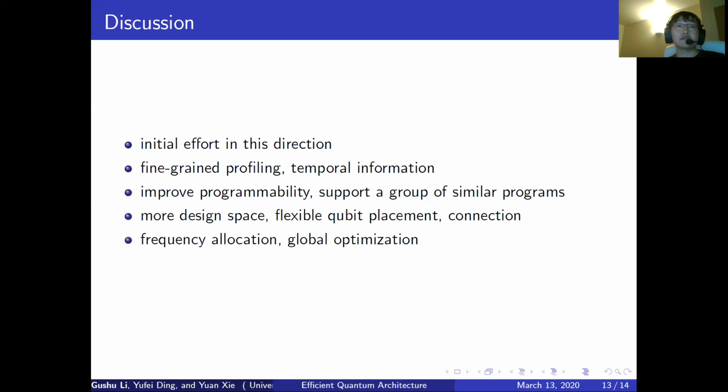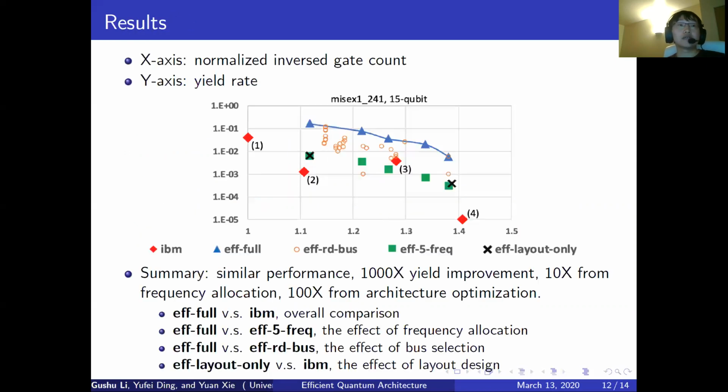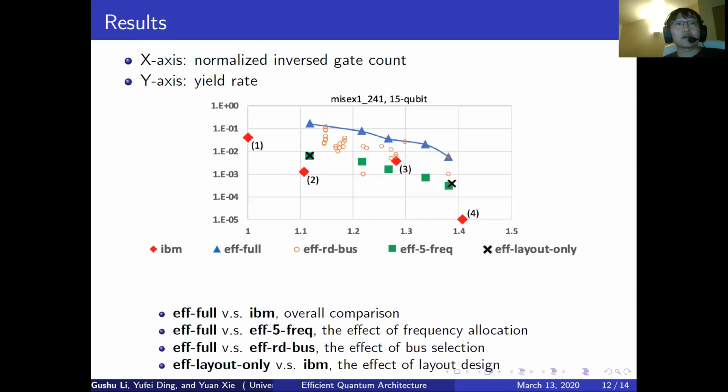And we have a lot of experiments there. And here I highlight the overall comparison against IBM's designs. The 4 red diamond data points are for IBM's baseline architectures. And those blue triangles are generated from our design flow, labeled by an EFF.